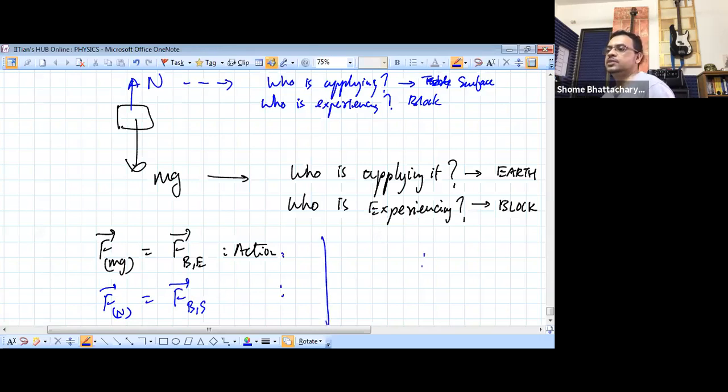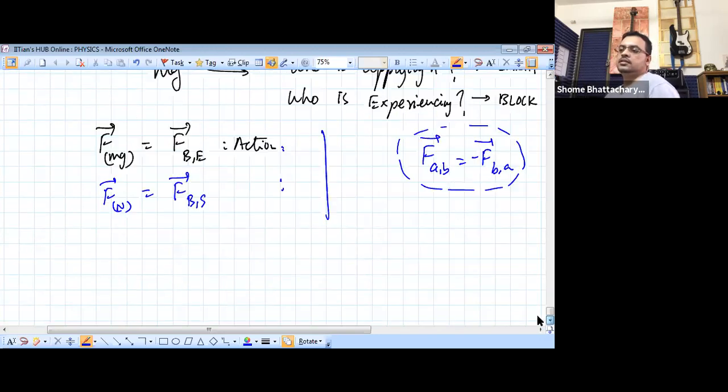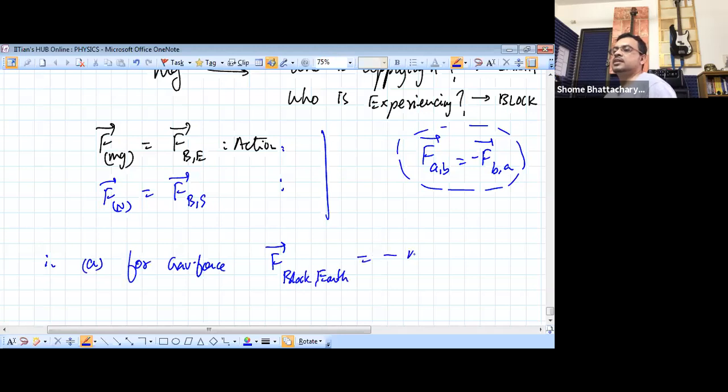Remember, action reaction का concept क्या था? Force applied by A on B is equal and opposite to the force applied on B by A. This was the action reaction principle. So you can see that, therefore, for the gravitational force, that is the force on the block applied by the earth, this was minus mg j cap.